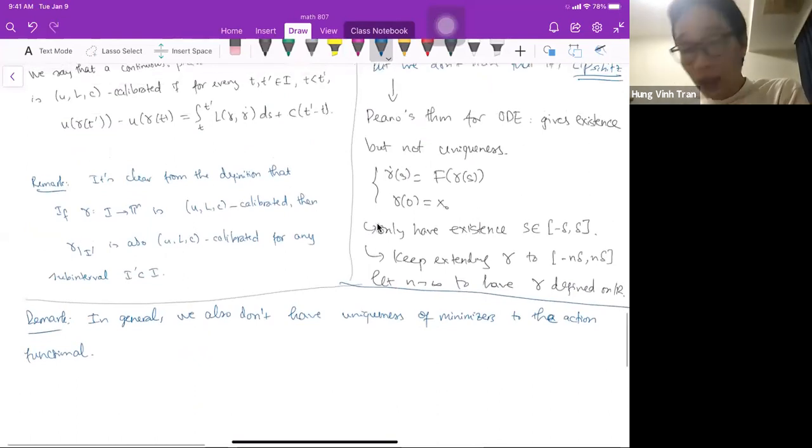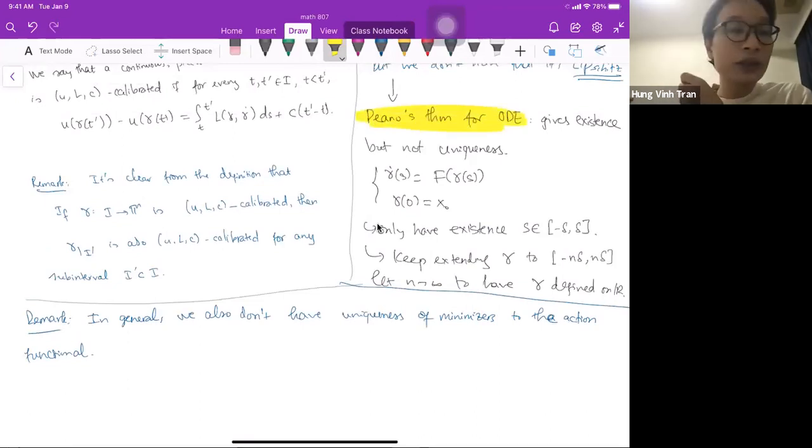And this is also saying that when we need to use the Peano theorem for ODE, that's one of the reasons why we can't just use the Hamiltonian framework. When we use the Hamiltonian framework, we use a bit more of the regularity, and then we have more of the property.